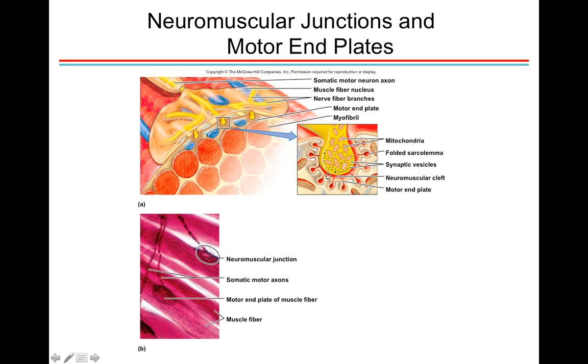And here we have mitochondria and then these synaptic vesicles. The neurotransmitter that facilitates muscle contraction is acetylcholine, and the receptors in the muscle cell at these motor end plates are nicotinic acetylcholine receptors. And this is showing a microscope picture of the neuromuscular junction that's depicted in this cartoon.